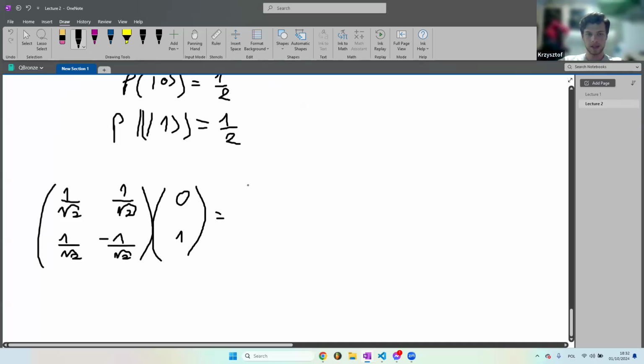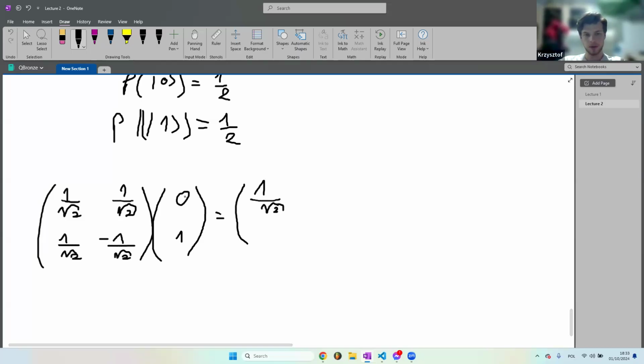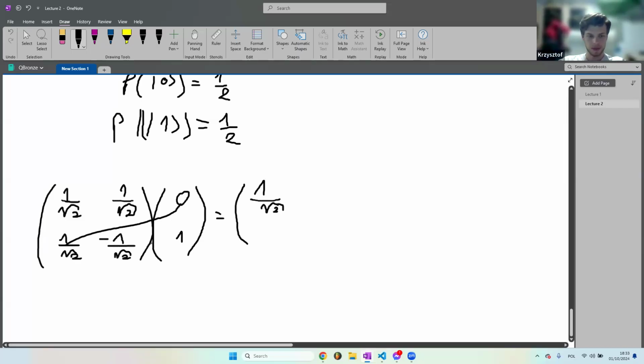And the result is, in the first entry, we get 1 over square root of 2, and in the lower entry, we get minus 1 over square root of 2.